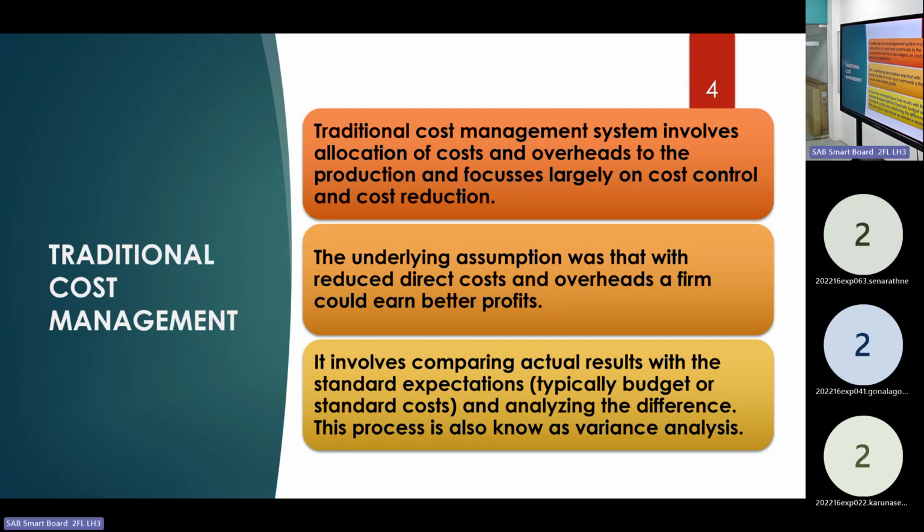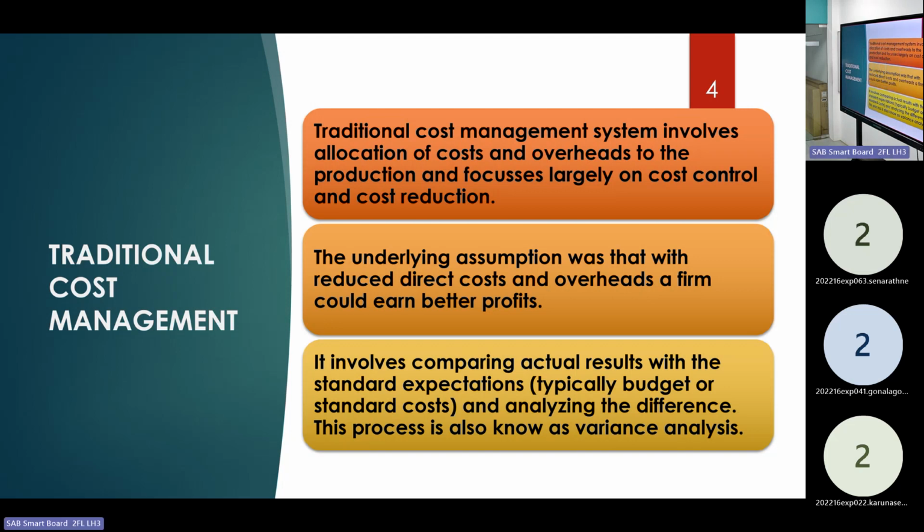The cost accounting information also focuses on providing information for management, with the main focus on allocating cost and overhead to production, and largely on cost control and cost reduction.